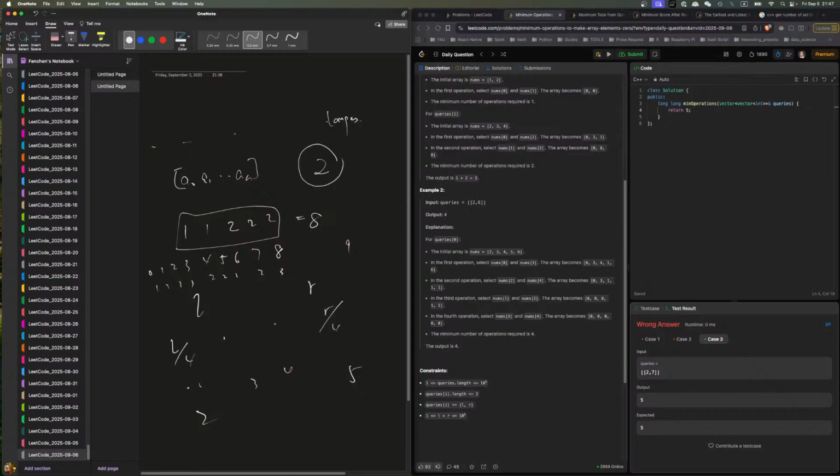If I count L divided by 4 equal to P, and R divided by 4 equal to Q, then what we have here is P plus 1 plus P plus 2 plus up to Q.